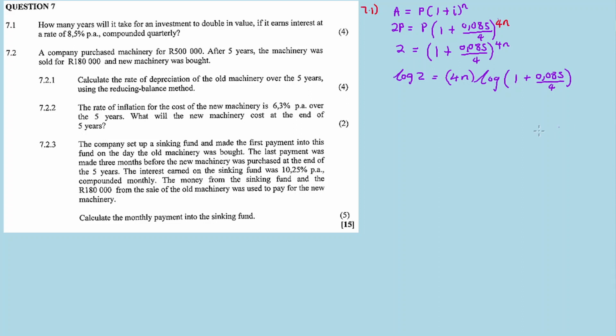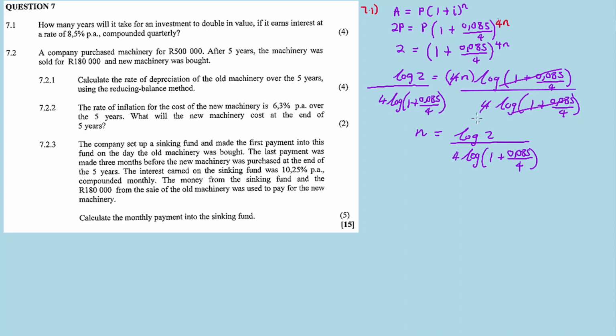And then from here again, divide both sides by 4 log in bracket, so that this 4 cancels this 4. My aim is to isolate n, and then this log cancels this log. I divide both sides by 4 log 1 plus 0.085 divided by 4 on the left hand side as well. So therefore from here my n will be equal to log 2 divided by 4 log 1 plus 0.085 divided by 4.